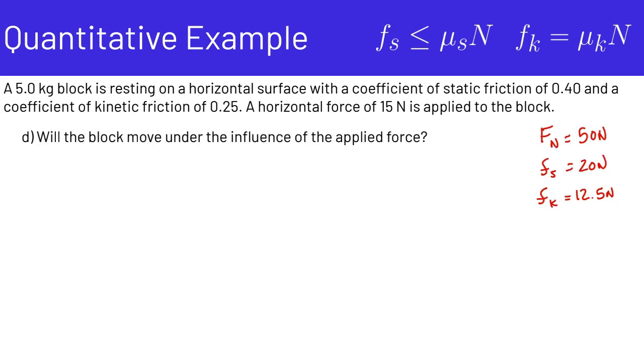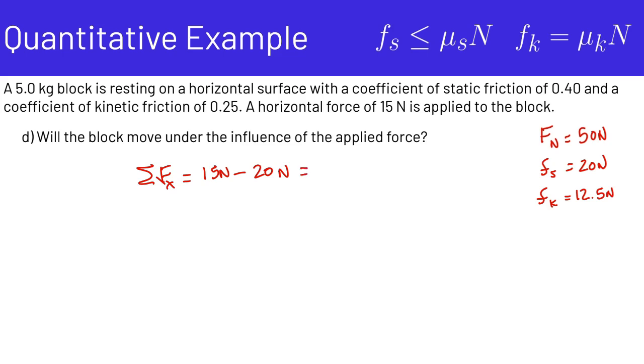Okay, so question D, will the block move under the influence of the applied force? Okay, so now we have to figure out the sum of forces in the x direction and see if the static friction is small enough to be able to move the block. So we have the sum of forces in the x direction is equal to our applied force, 15 newtons, minus our static friction.